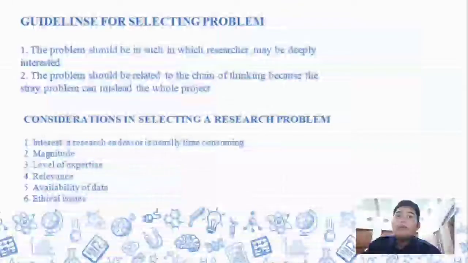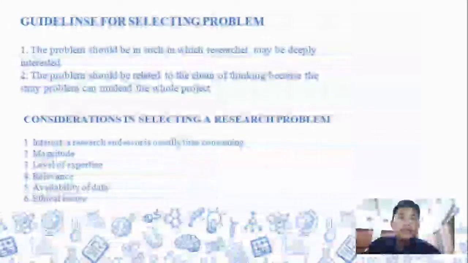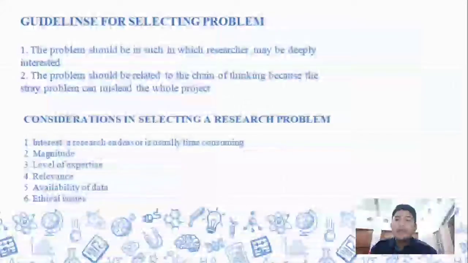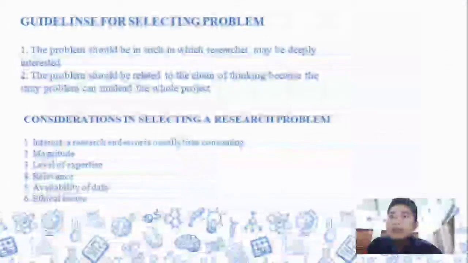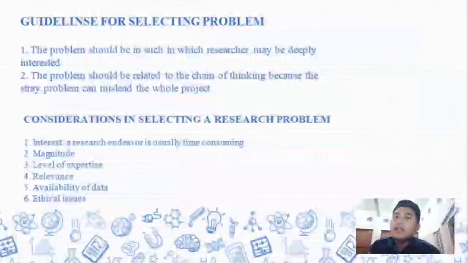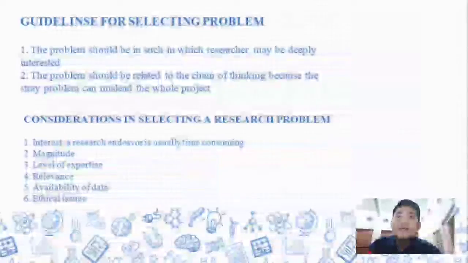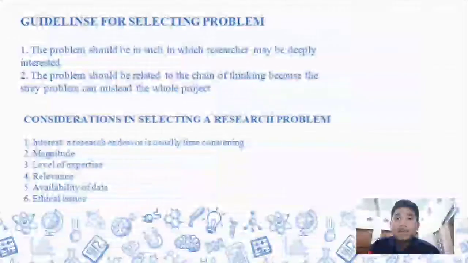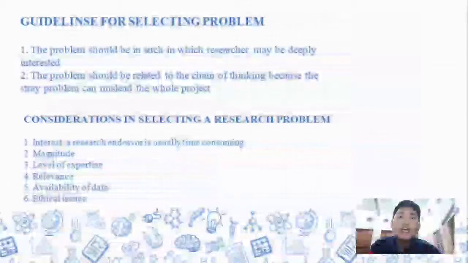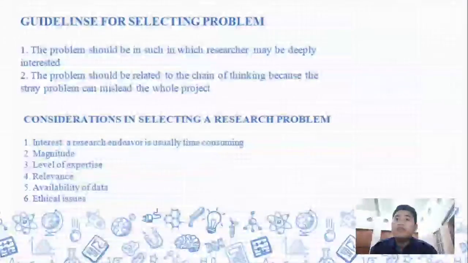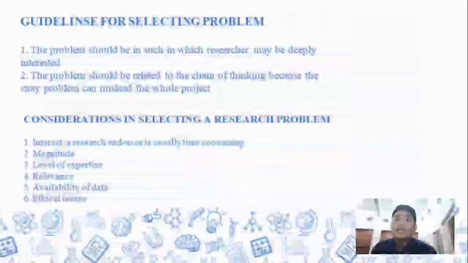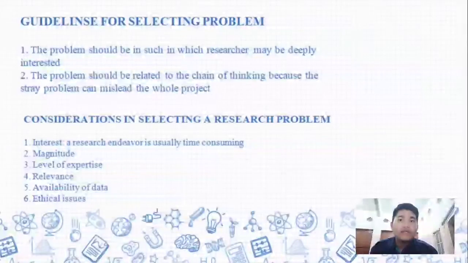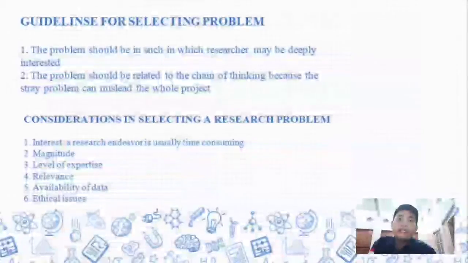Make sure the data are available. And the last, number six, ethical issues. How ethical issues can affect the study and how ethical problems can be overcome should be thoroughly examined at the problem formulating stage.